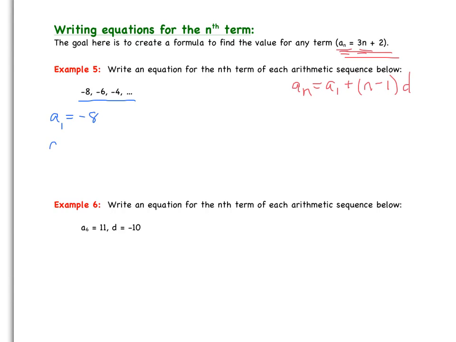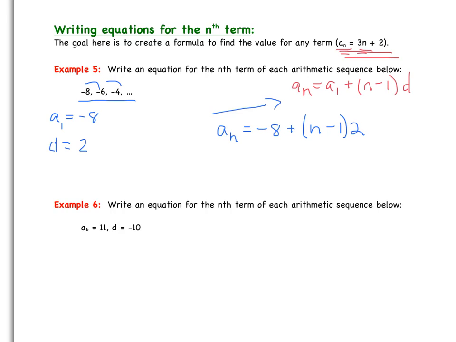I should be able to determine that the common difference here is equal to positive 2, because it looks like it's going up 2 and up 2. And really that's all I need. So, using my formula, a sub n is equal to the first term, negative 8, plus n minus 1 times 2 for d.